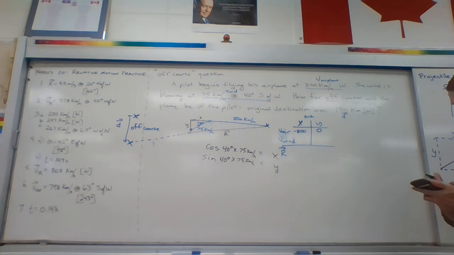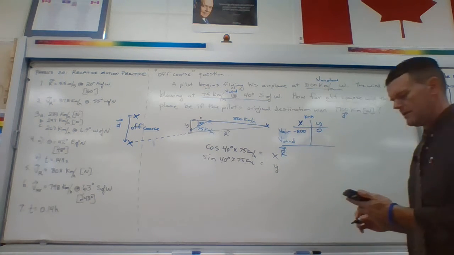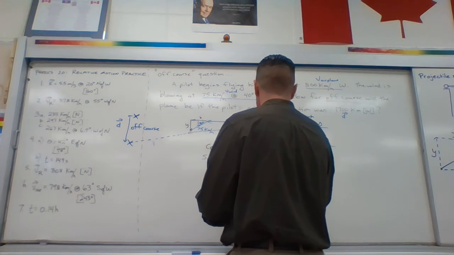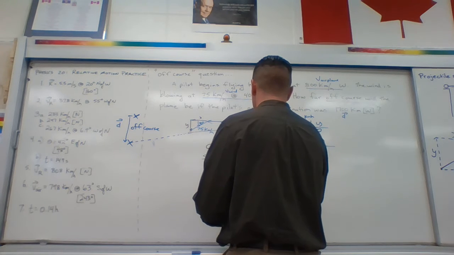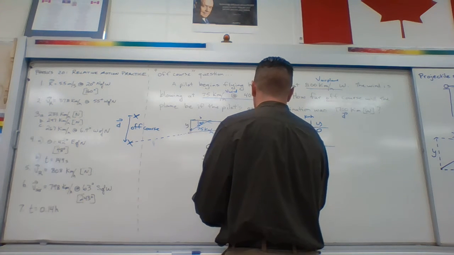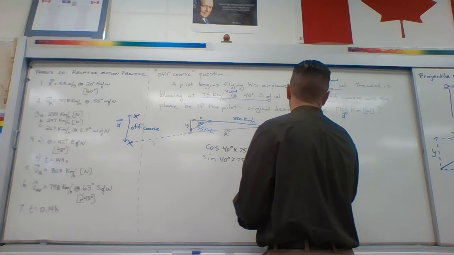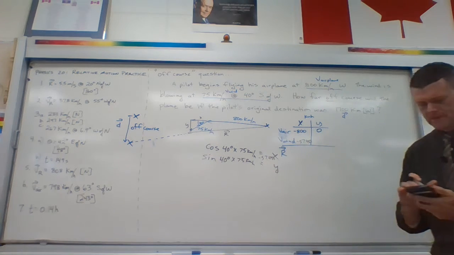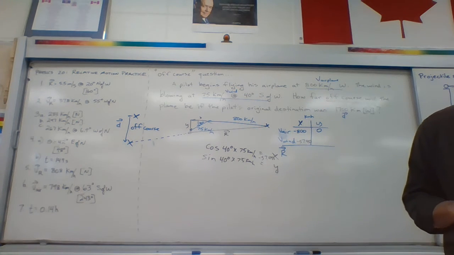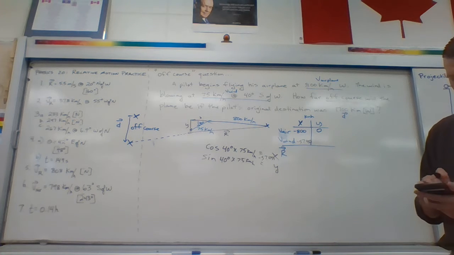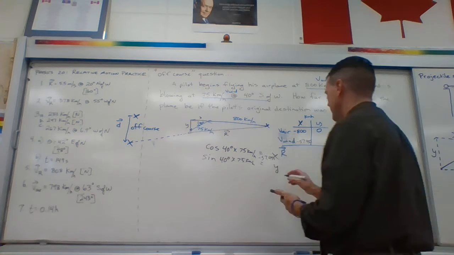So let's make sure that I did this one right. Okay, so this looks like it's a negative 57.453. I'll tuck that in here. And then sine of 40 times 75.